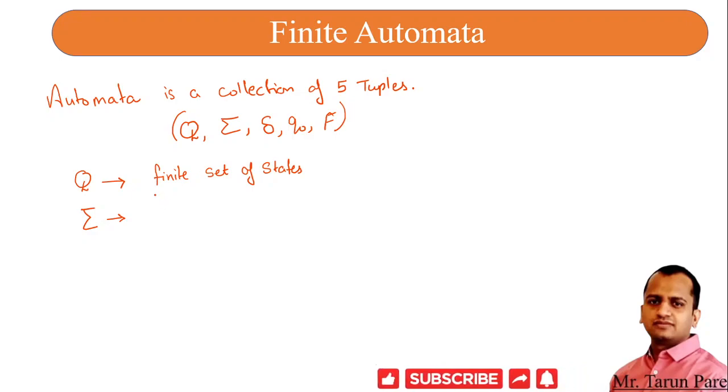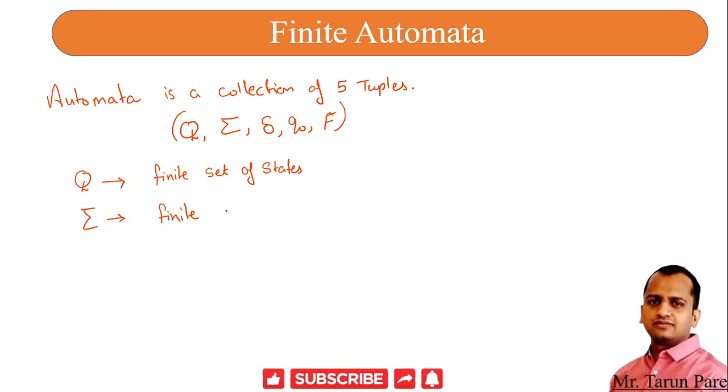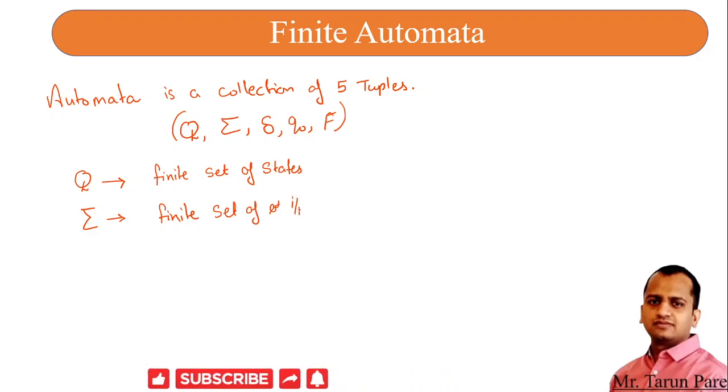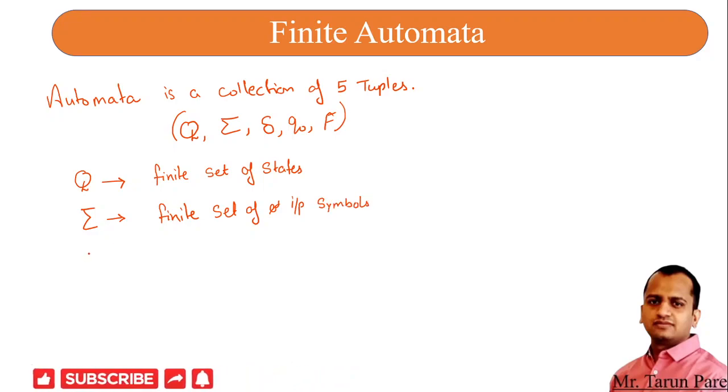So sigma represents finite set of input symbols. Okay. Then what does Q naught represent? Q naught represents the initial state.